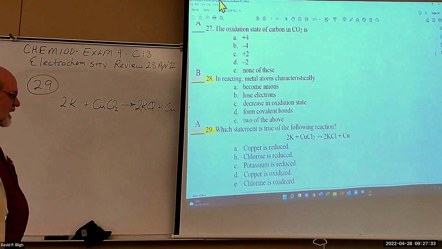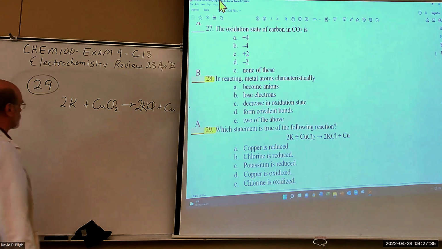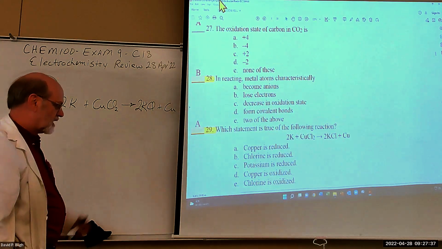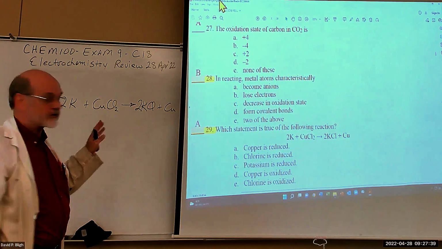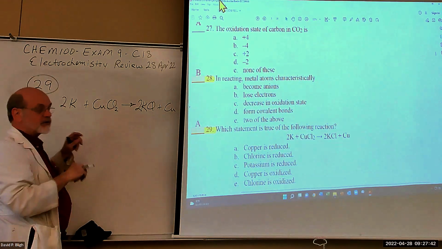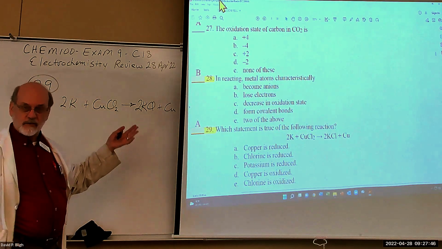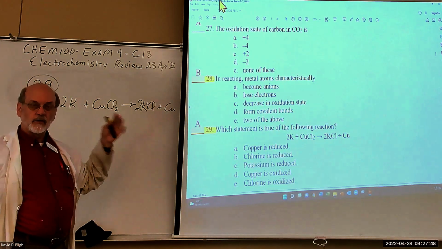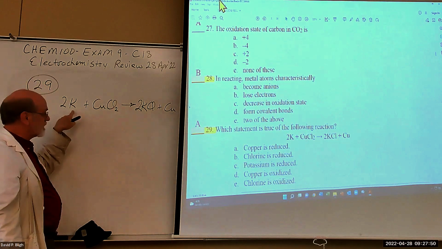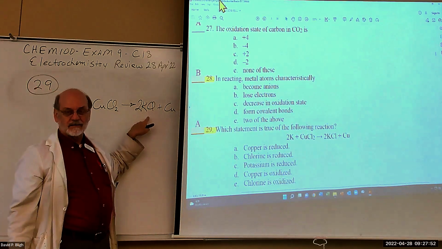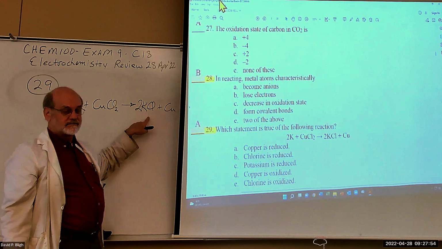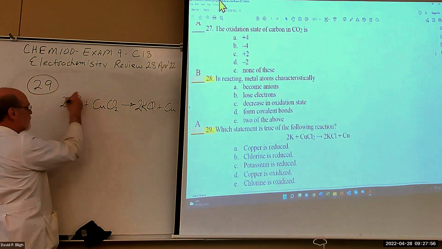Okay. So what's happening in this reaction? Looks like we're interested in oxidation reduction, so we need to deduce what's going on here. Well, first of all, is this a redox reaction? Our rule of thumb says that's an element here. It's in a compound there. That's a redox.